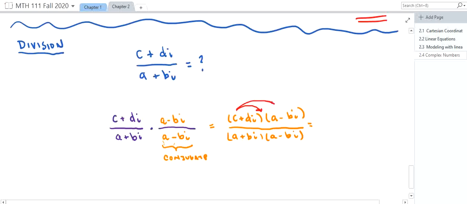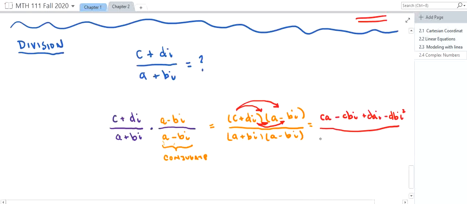C times A, C times bi. So we have CA minus CBi. Do this, and then this, plus dAi minus dBi squared, okay?